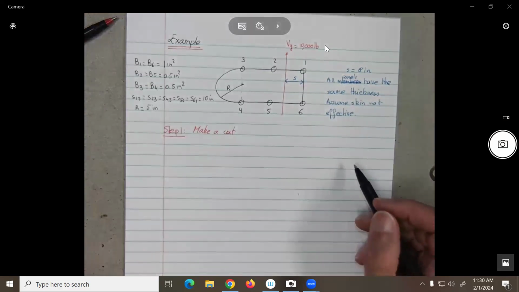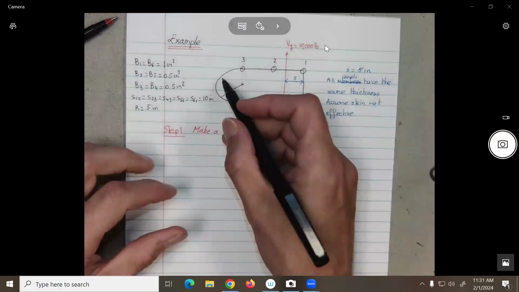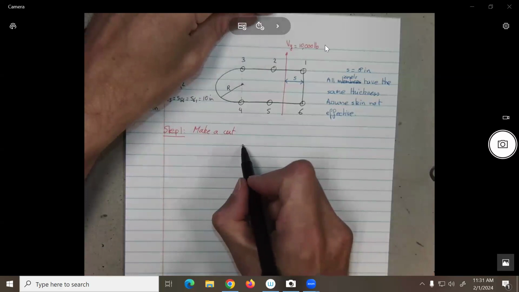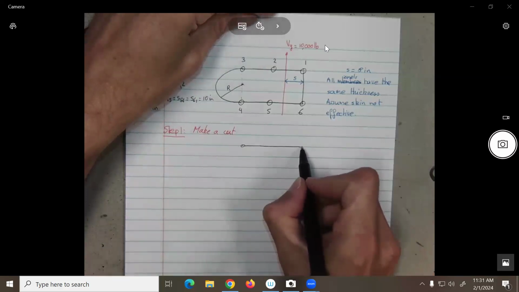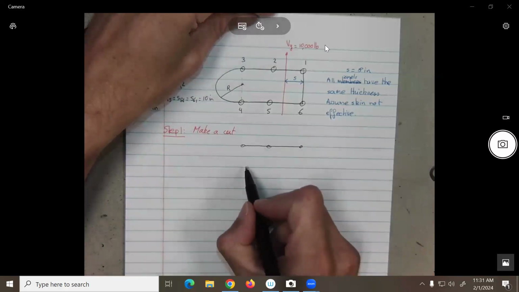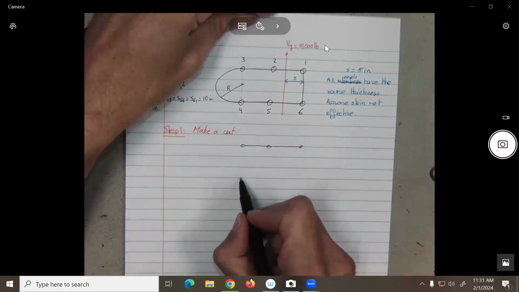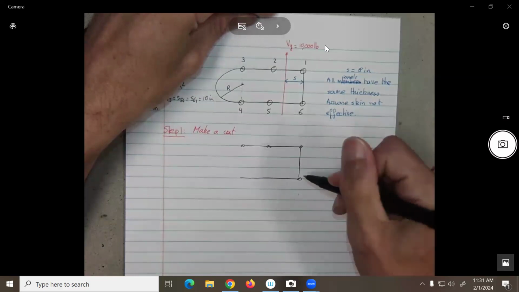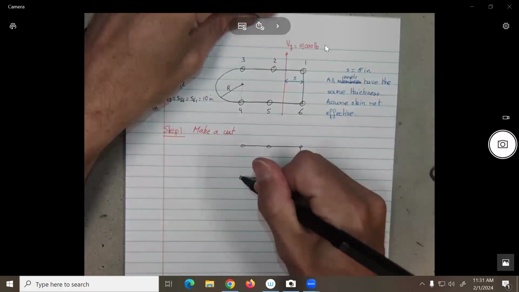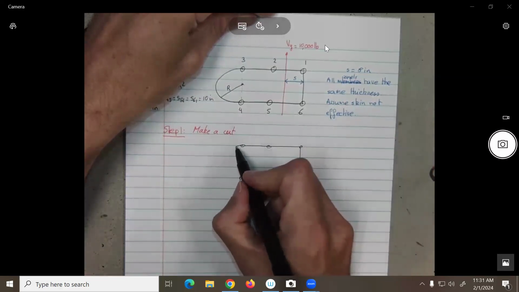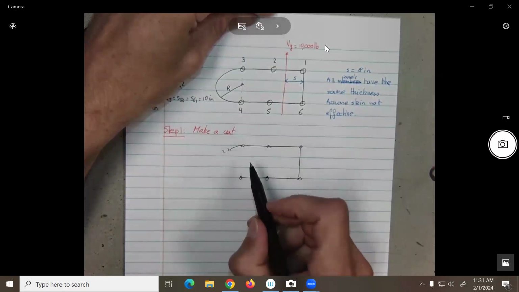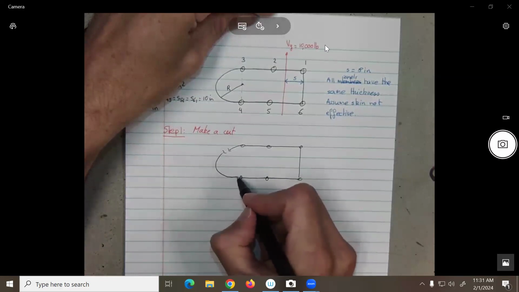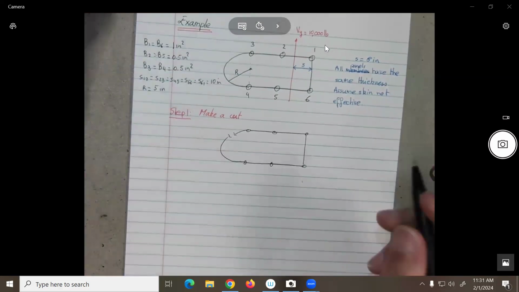So let's make a cut over here. We can do it anywhere you want, but we're going to make it here right on the circular part, because it's going to make it a little bit easier. So let's say I make a cut somewhere there.